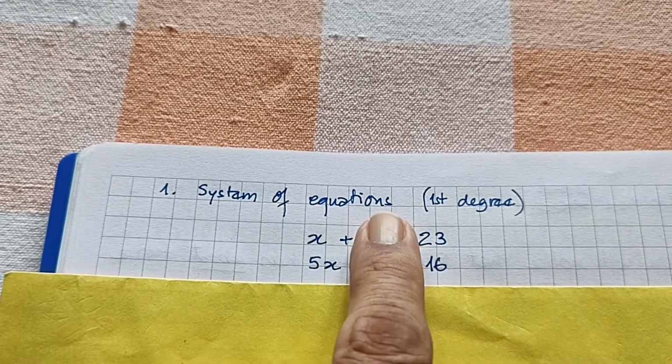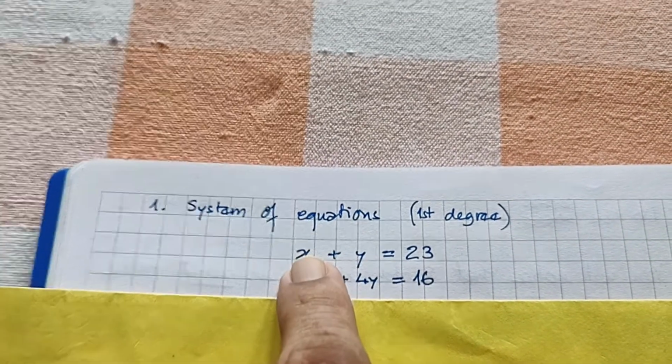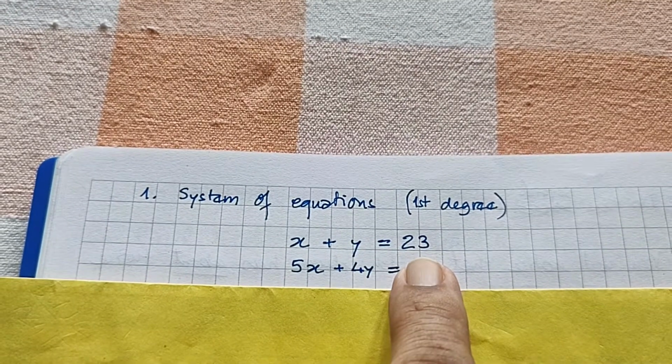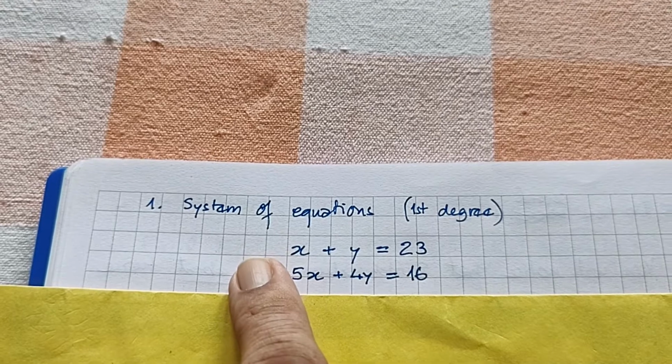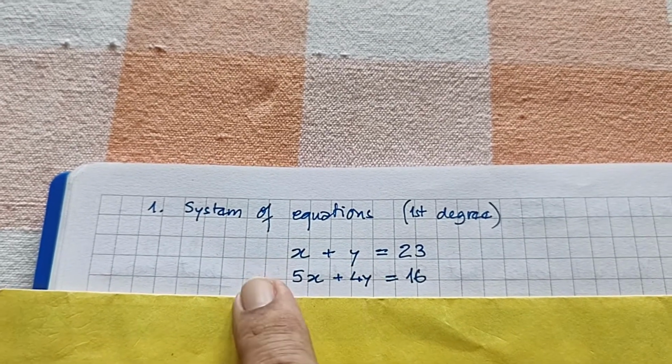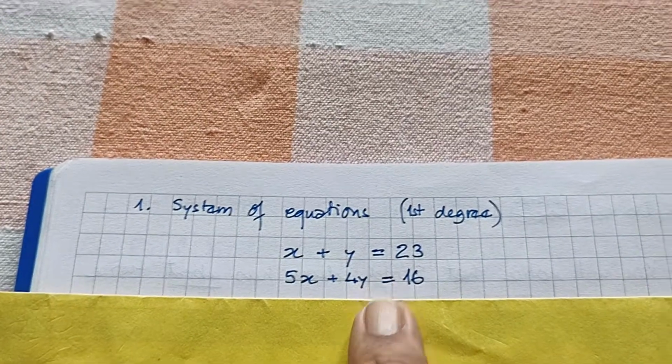So this is known as a system of equations, and this particular example is a system of equations with two unknowns. So two equations, two unknowns. I could have had three equations with three unknowns, and we will do that in the next few days.